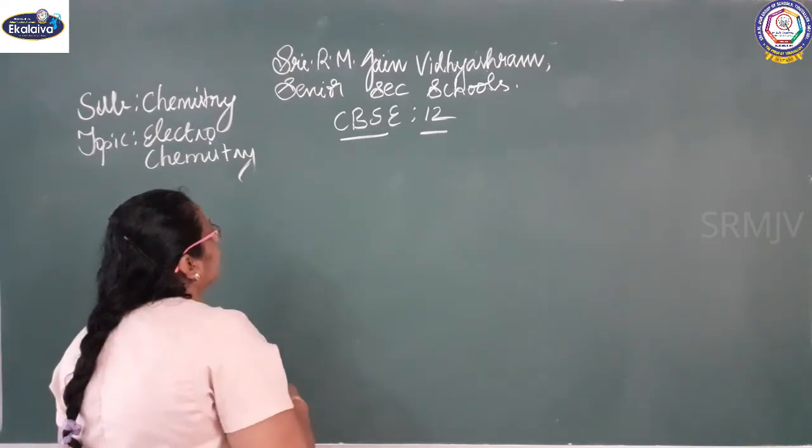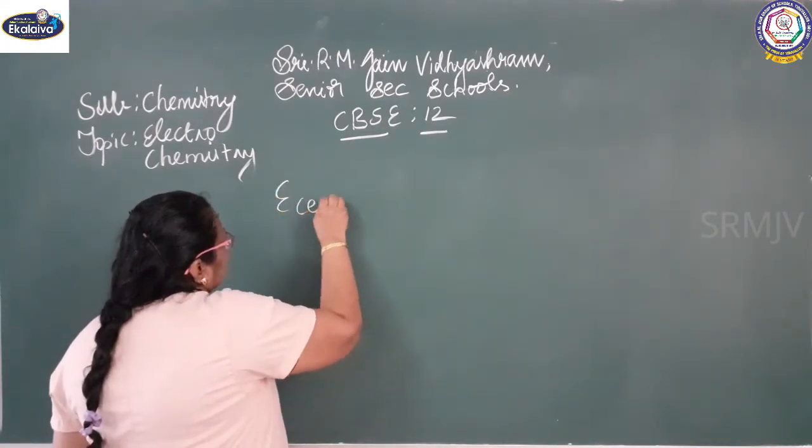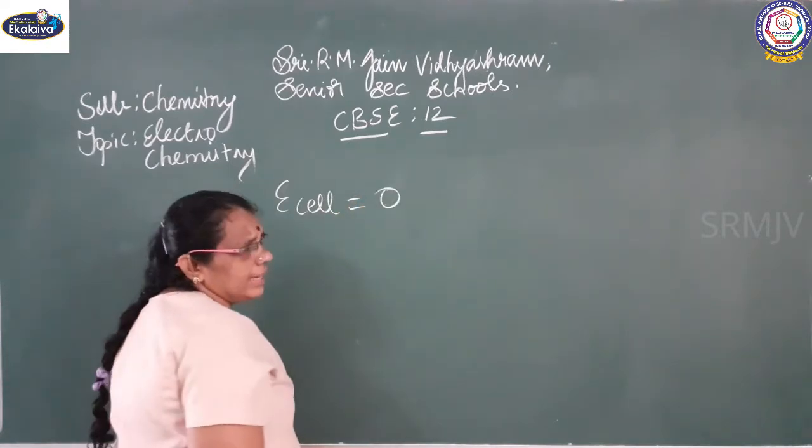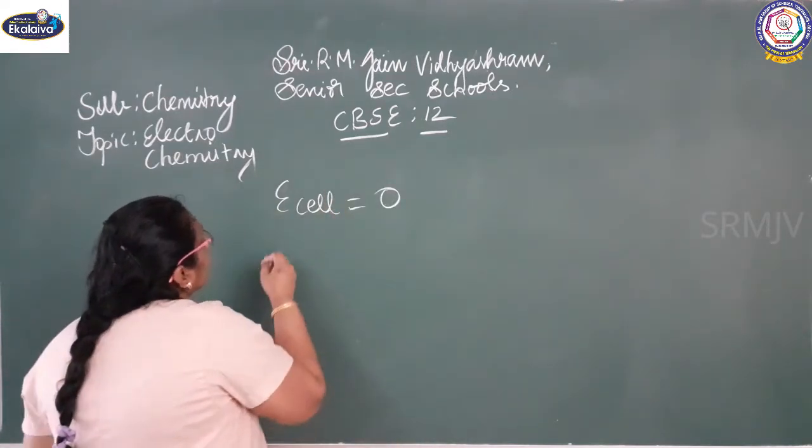Okay children, let us continue. Here the EMF of the cell will be 0. What is the Nernst equation?